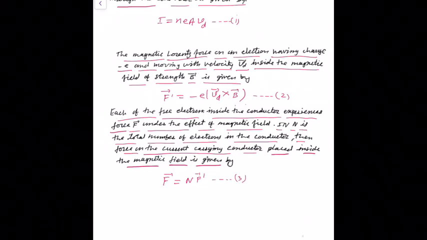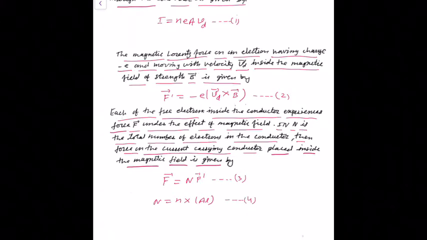It is equation 3rd. Now the total number of free electrons in the conductor, capital N, is equal to small n into the volume of the conductor, A into L.